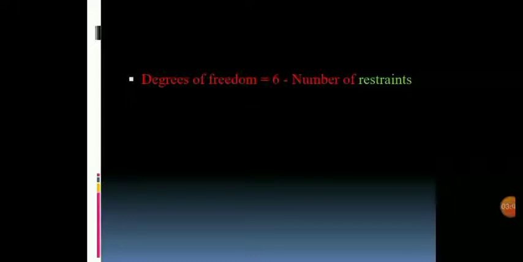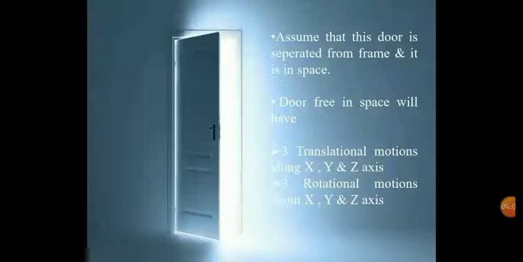Now, in order to have more clarity about degree of freedom, we'll see some examples. In this picture you can observe a door which is open right now. Assume that the door is separated from the frame and is in space.